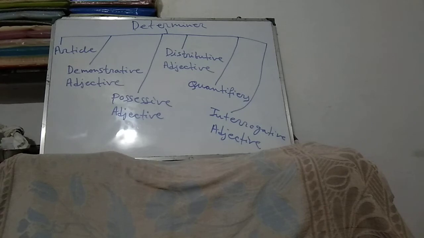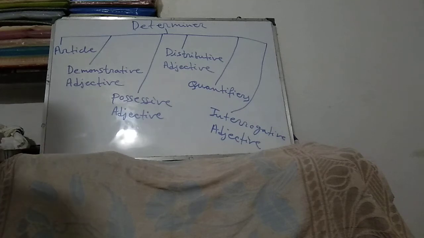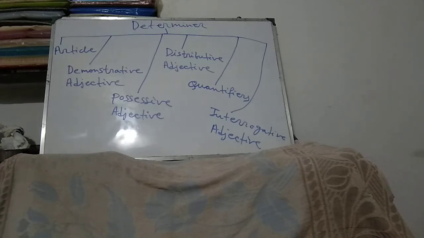And there are quantifiers. There are some words which indicate number or quantity or amount of some nouns. They are called quantifiers. Like there are some boys, there is much sugar in the pot.